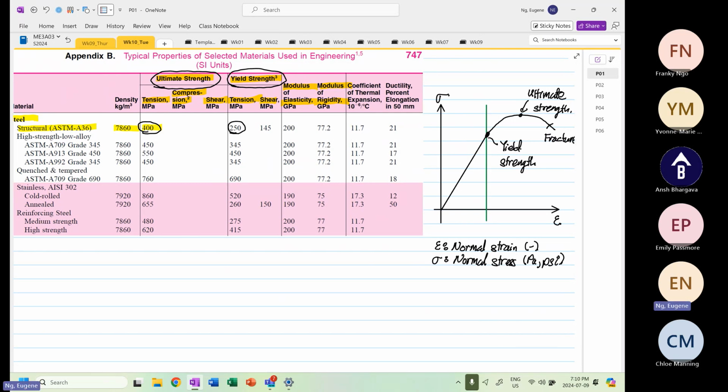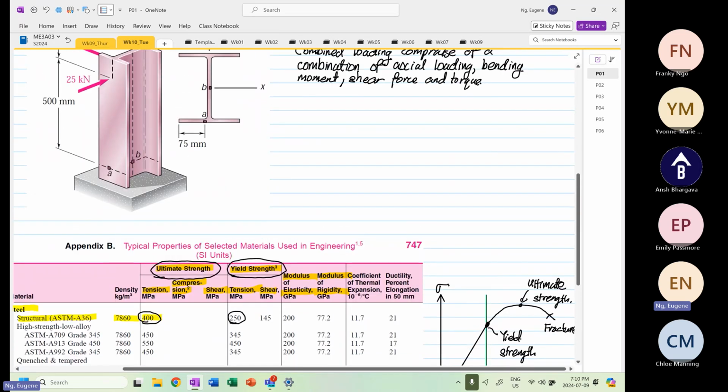Now, when do we use yield strength and when do we use ultimate strength? We have to be very careful here. Let's focus on this table first, then the combined loading later on.